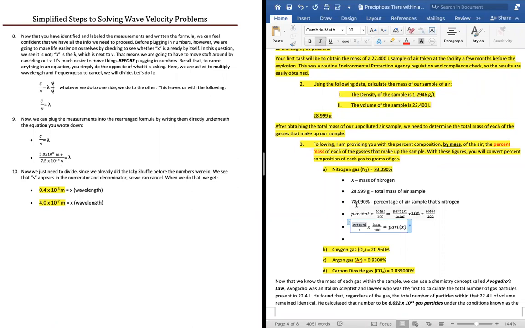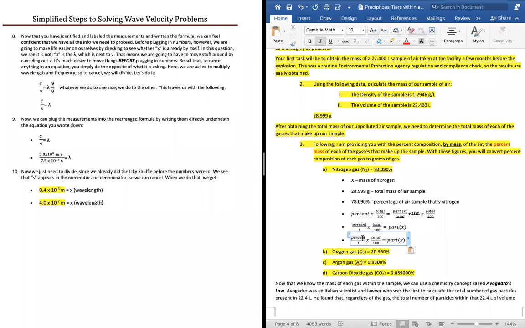So this percentage has to go right there. So let me see. I'm going to copy this. So this percentage is going to be 78. So, and again, I listed everything out, so I know exactly what goes there. And that is percent.